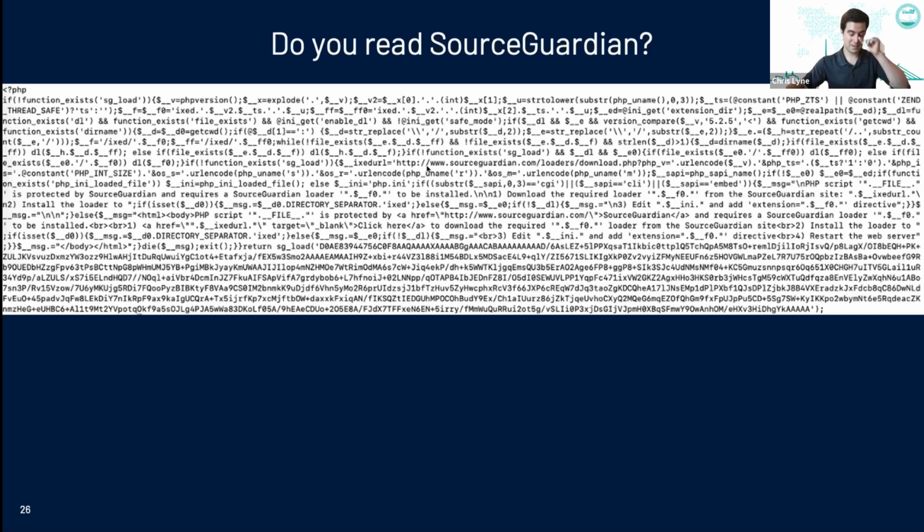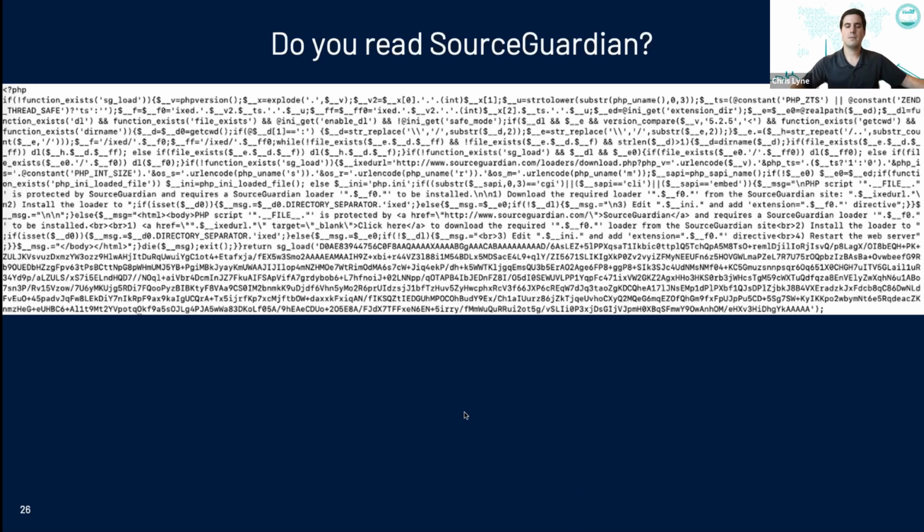Basically, this is an encoded file. If you were to run the SourceGuardian encoder on a PHP source file, you would end up with something like this. Notice at the top here that it checks to see if the sgload function exists. And if so, we make our way down, then the sgload function is called.